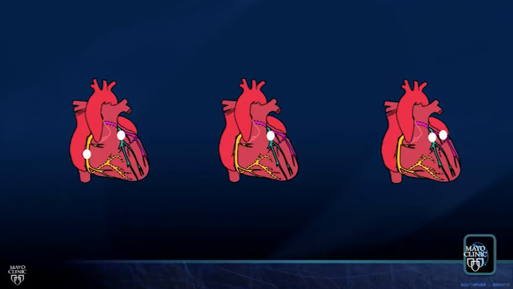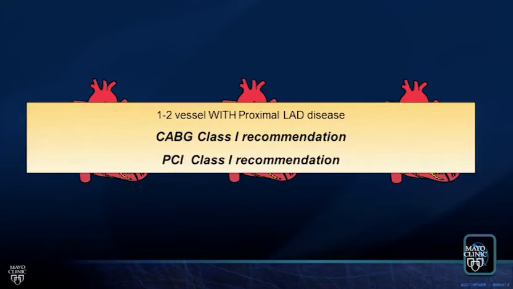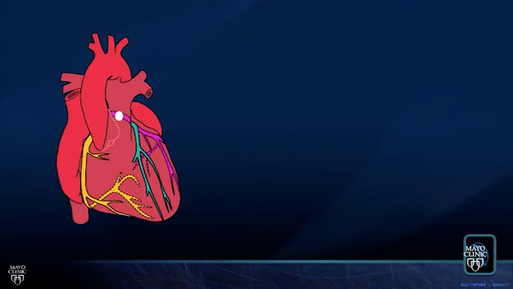If you look at the scenario with single vessel proximal LAD disease or two vessel disease including proximal LAD disease, again, you could go with either CABG or PCI. Of course, in all cases, we take into account other comorbidities, LV function, history of diabetes, and surgical risk. Here is where things get a little bit complicated, and that's with left main disease and triple vessel disease.